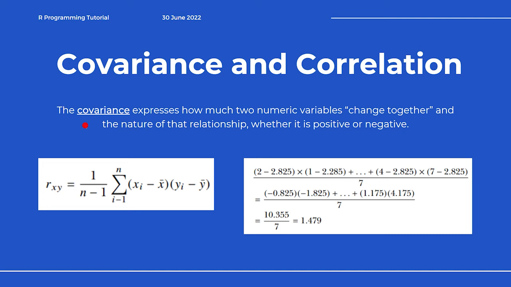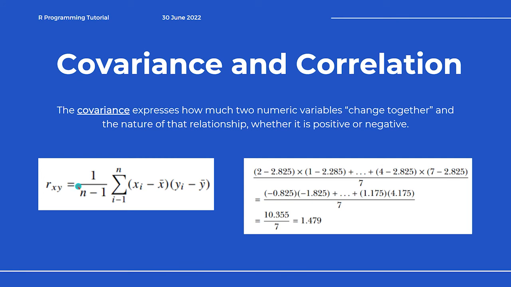Suppose for n individuals, you have a sample of observations for two variables, x1, x2, up to xn and y1, y2, up to yn, where xi corresponds to yi for i equals 1 up to n. The sample covariance Rxy is computed with the following, where x and y represent the respective sample means of both sets of observations. So this is the computation for covariance.